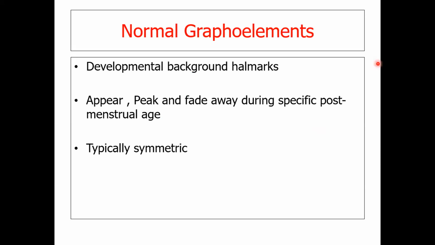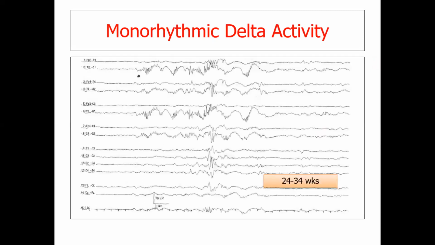These markers are not present in the EEG of a child or an adult, and they appear at a specific period of time, then they peak and fade away, and they are generally symmetric. It is not possible, nor relevant, to talk about all the grapho elements. However, we need to know them because they can confuse the EEG reader, the neurologist or the pediatrician. They may appear abnormal and may be reported as abnormal.